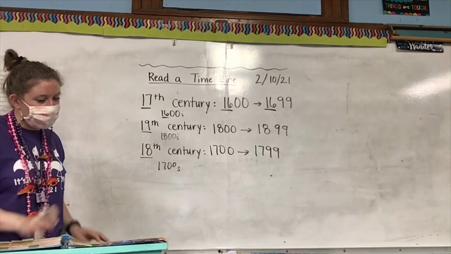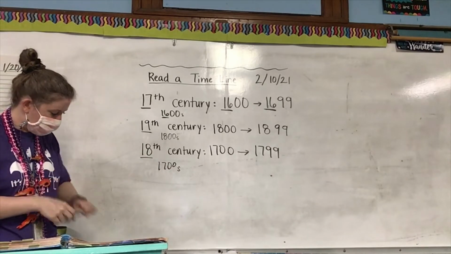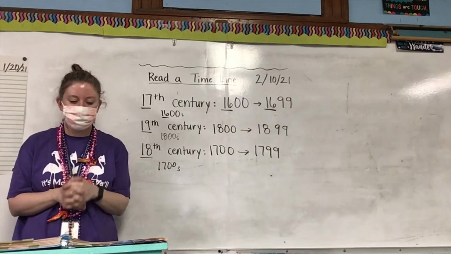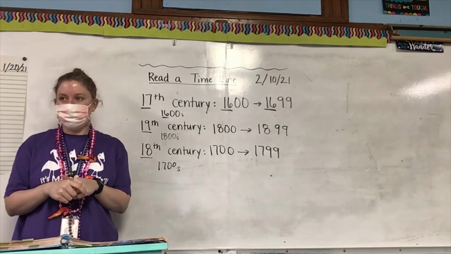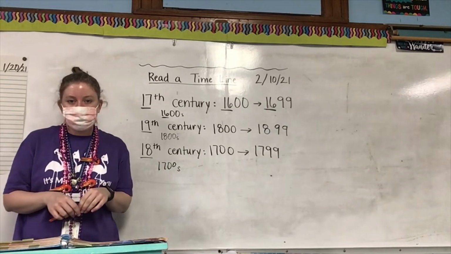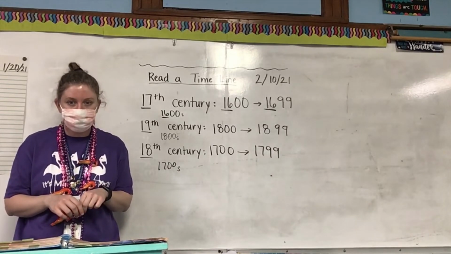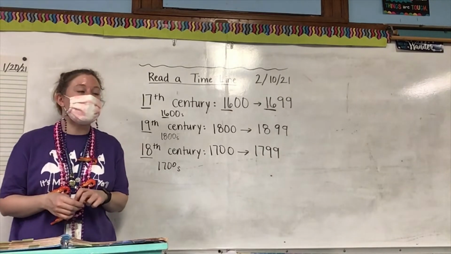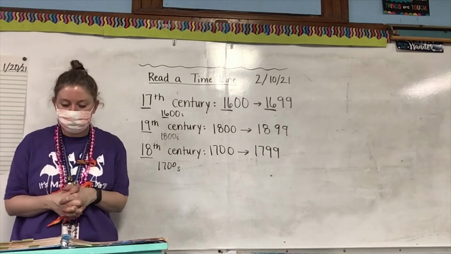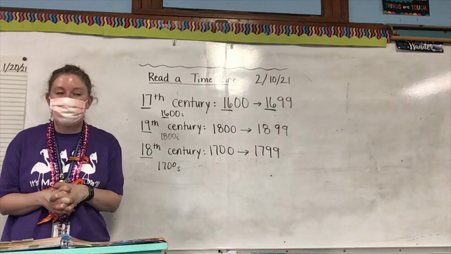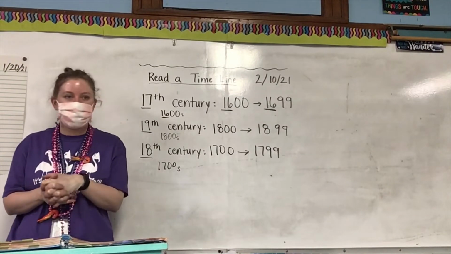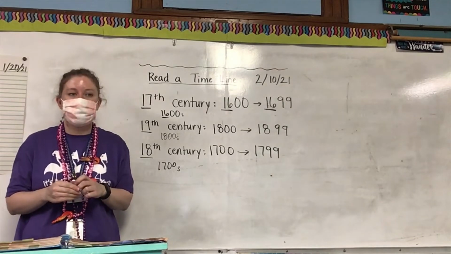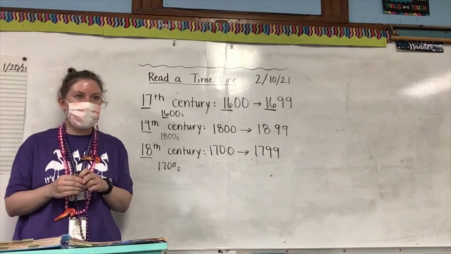Okay, so now let's look at this timeline. What is the first century, not year, shown on this timeline? The 17th century. Which century does this timeline not show any events for?